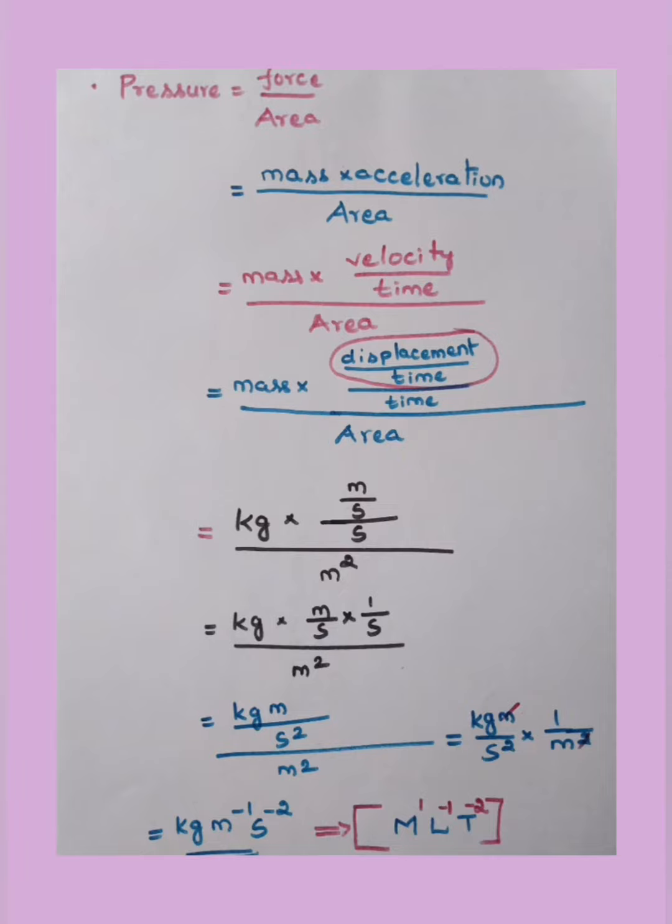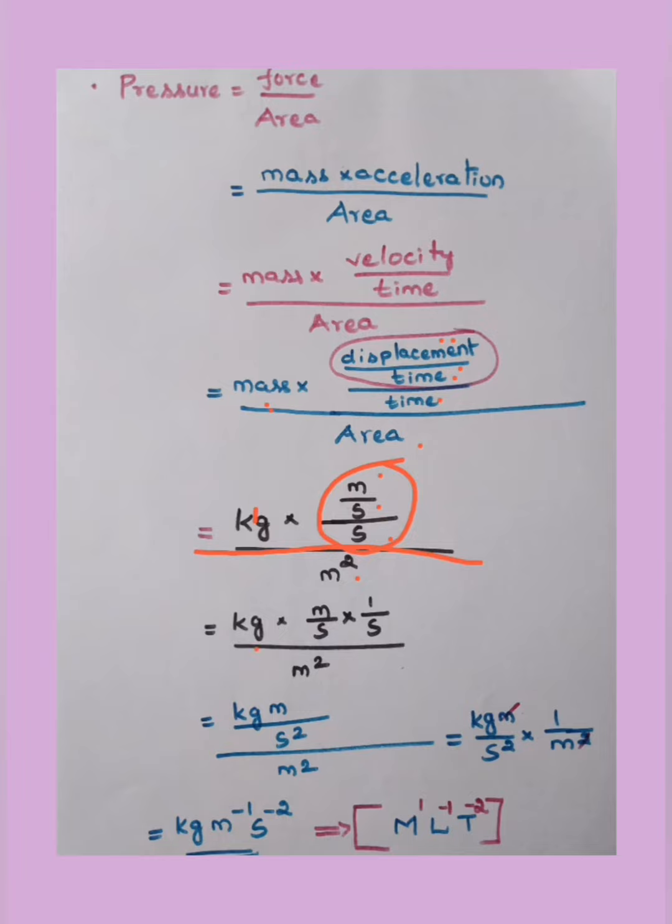Now all these are basic quantities we got. Now we can write the SI units for all these basic quantities. The SI unit of mass is kg, displacement is measured in meter, time in second, divided by one more second here, and the whole divided by the area, meter square. Now we have to solve the upper part, the numerator.